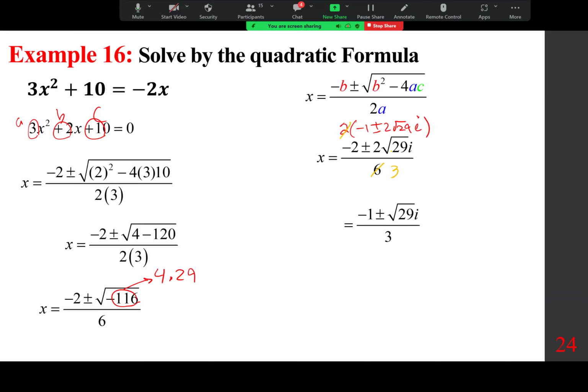Now, what I want to mention before we move on, sometimes they put the i in front, they write it as minus 1 plus minus i square root of 29, because they want to make sure you don't ever make a mistake of putting the i under the radical. It would be wrong.